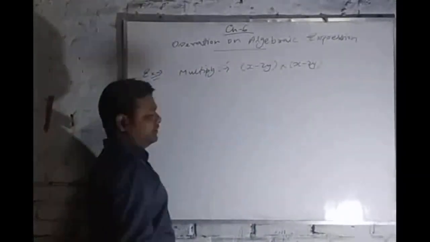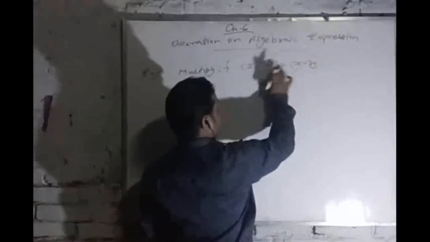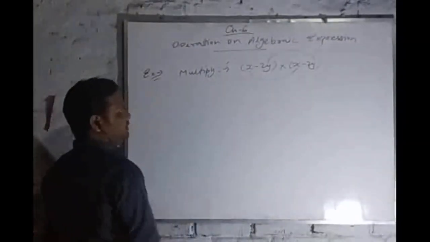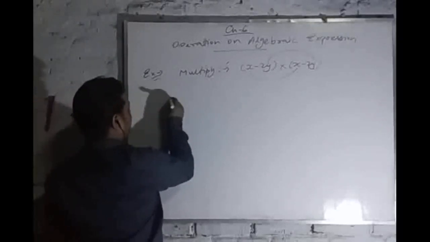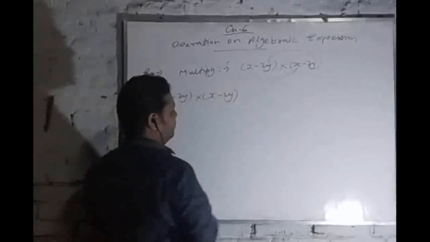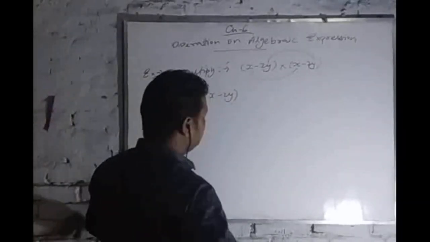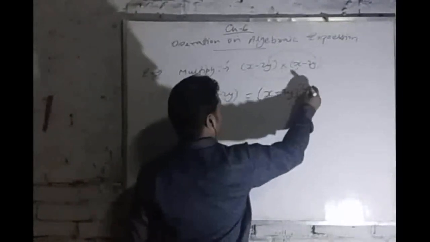Here it is the same expression: first term matching, second term matching, sign is also matching. So we can write it like this, x minus 2y into x minus 2y is equal to x minus 2y the whole square.